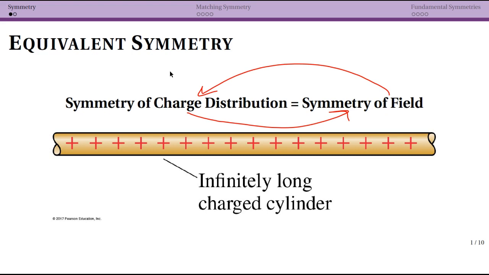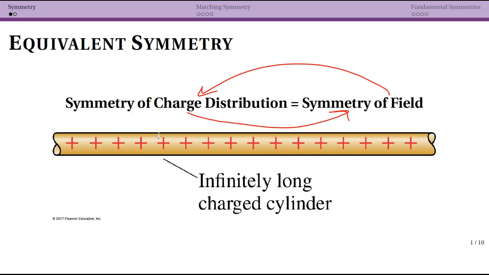We're going to start with a simple case, which is an infinitely long charged cylinder. So remember that we have to cut off the ends because our screen is not actually infinitely long, but the cylinder itself is. And so in this case, we would say that a charge distribution is uniform, of course. And so now we can start thinking about what is the symmetry of this object.